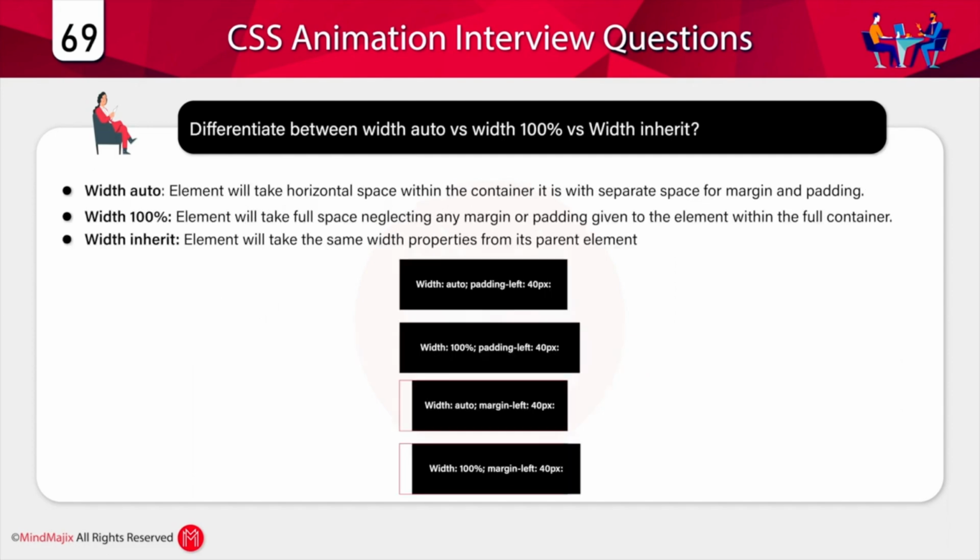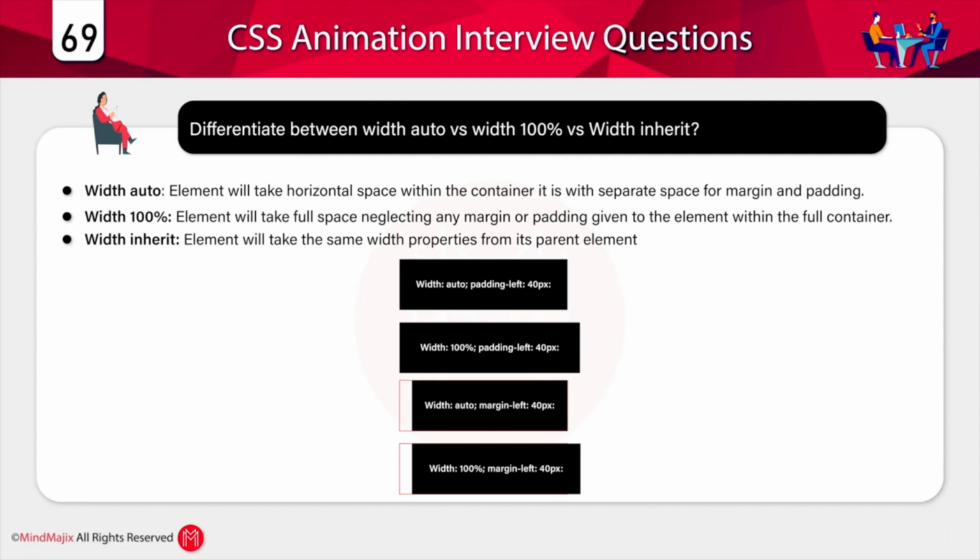Differentiate between width auto versus width 100% versus width inherit. Width auto: the element will take the horizontal space within the container, with separate space for margin and padding.